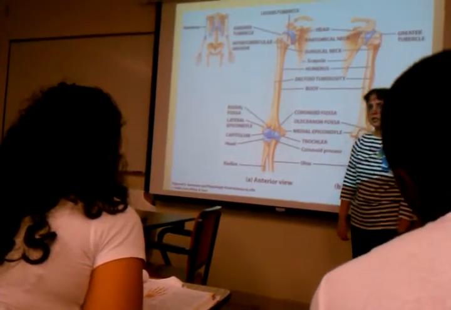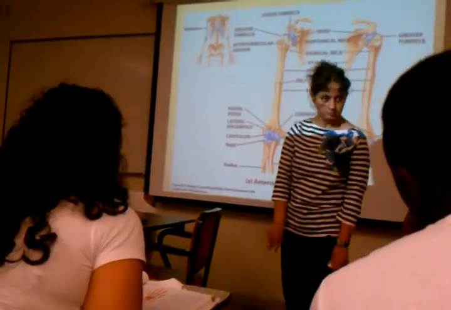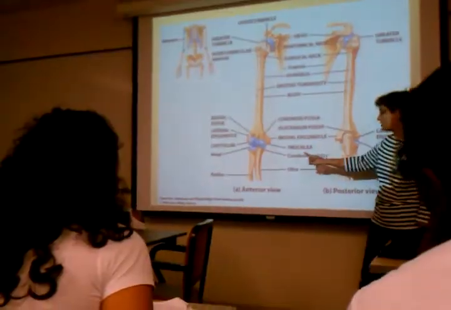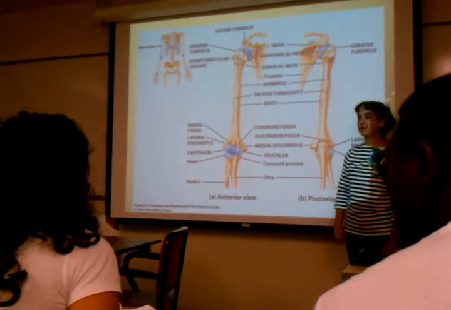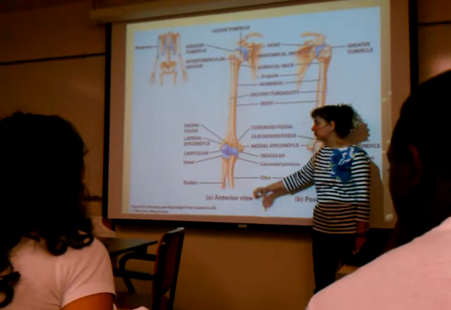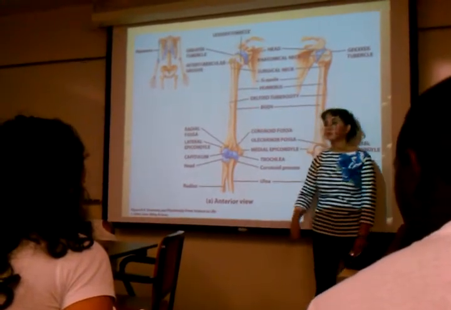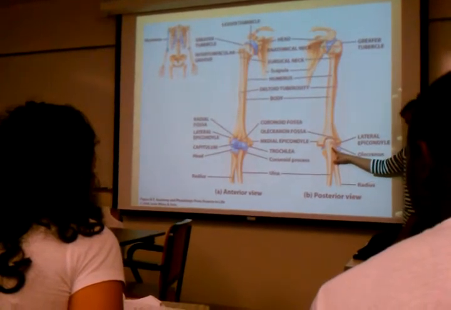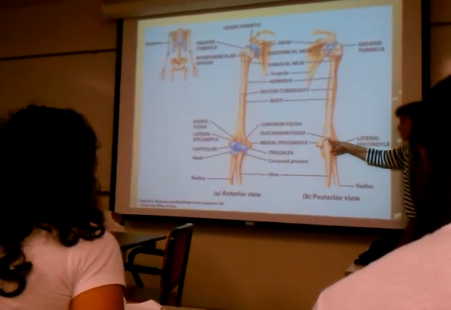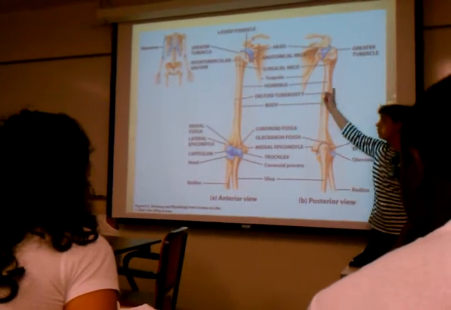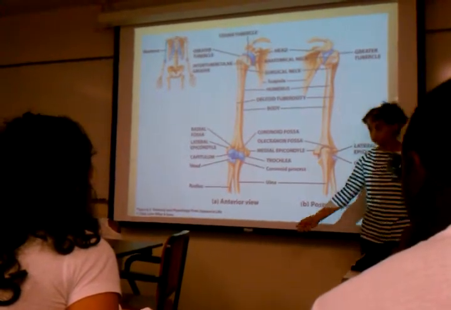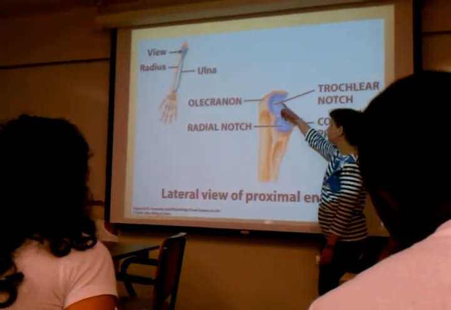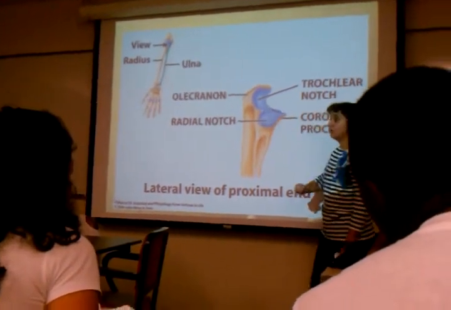What's the function? Muscle attachment. Humerus. This is your ulna, right? Your ulna has two major processes. This process here is called the coronoid process. It goes into the coronoid fossa of the humerus when you flex. This process is called the olecranon process. It goes into the olecranon fossa of the humerus when you extend. Then in the ulna you have two notches, right?